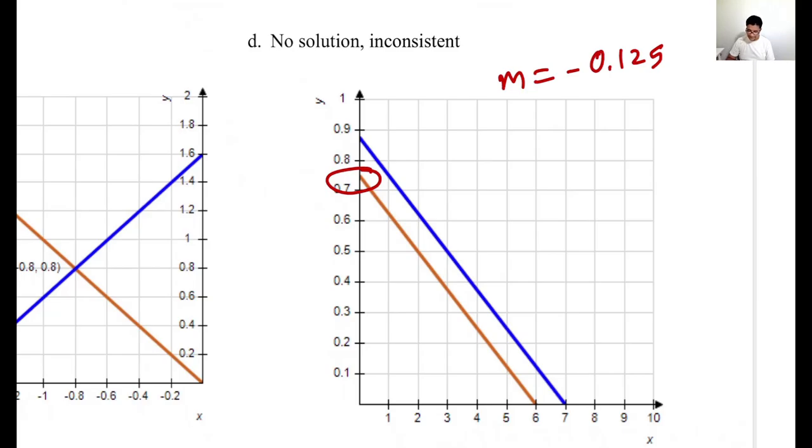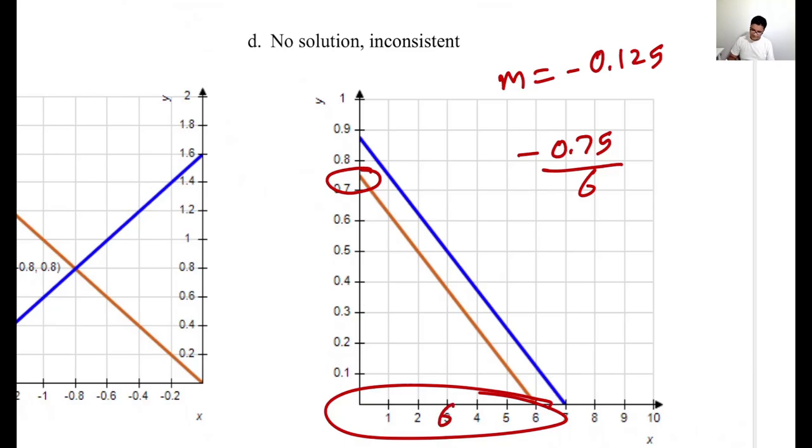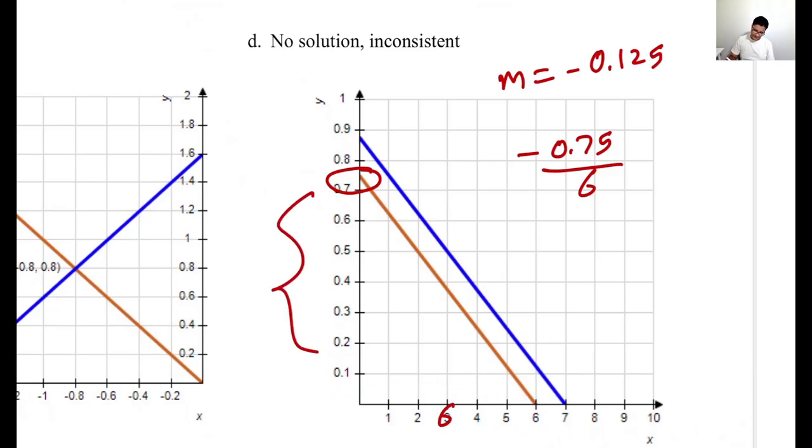How can you check that? The slope here is negative 0.75 divided by 6, right? This length is 6, and this height is 0.75. You can say this is negative 6 if you go from right to left.